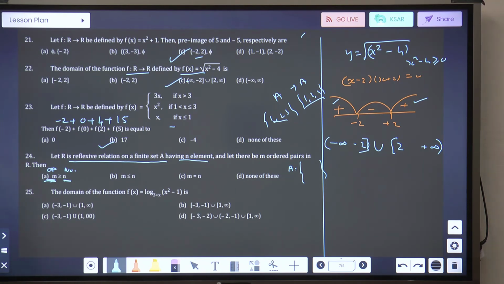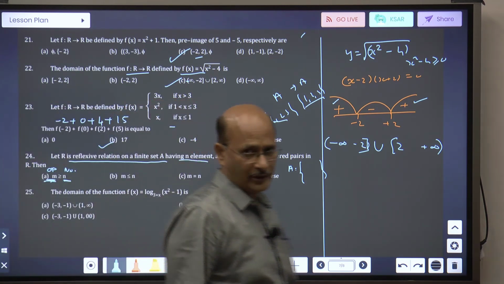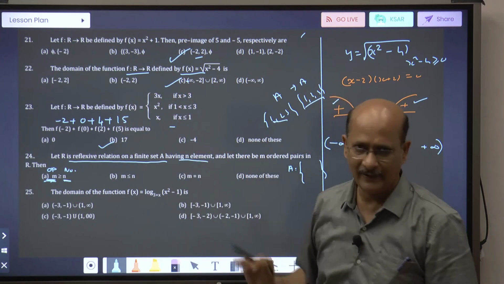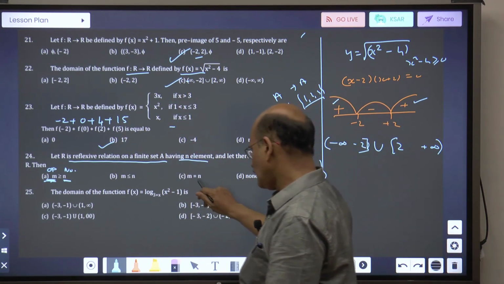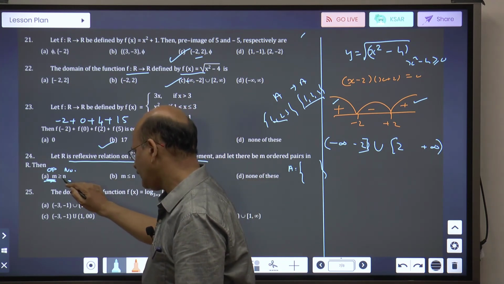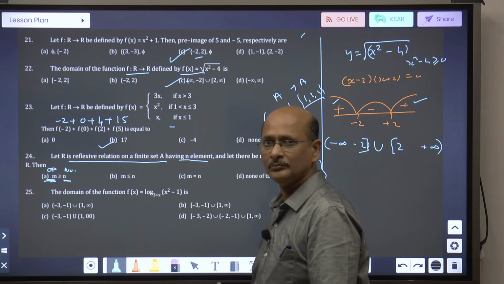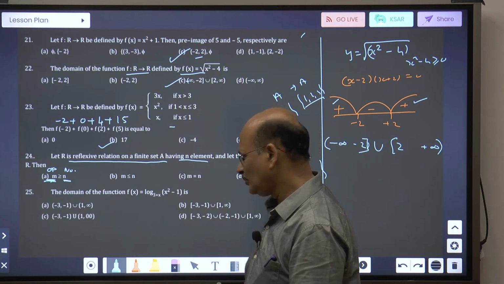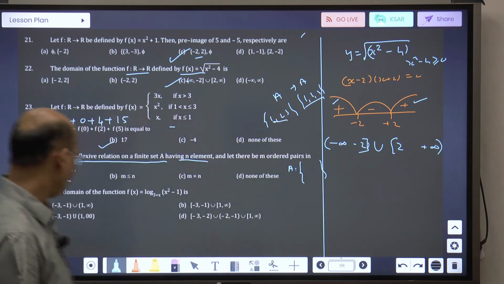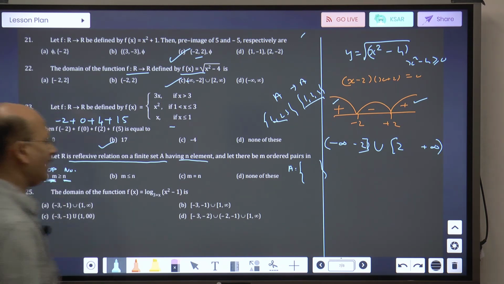m is equal to n, the possibility is there. But when I look at the question options, I always think twice before ticking, because I can tick right away. Okay, so m is equal to n is there, but here also the option is greater than or equal to, here also the option is less than or equal to. Do you need any explanation here? I think this can be the case, reflexive relation.